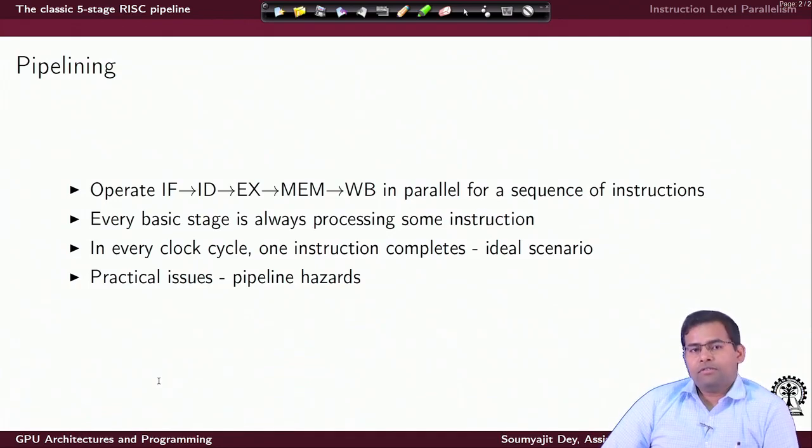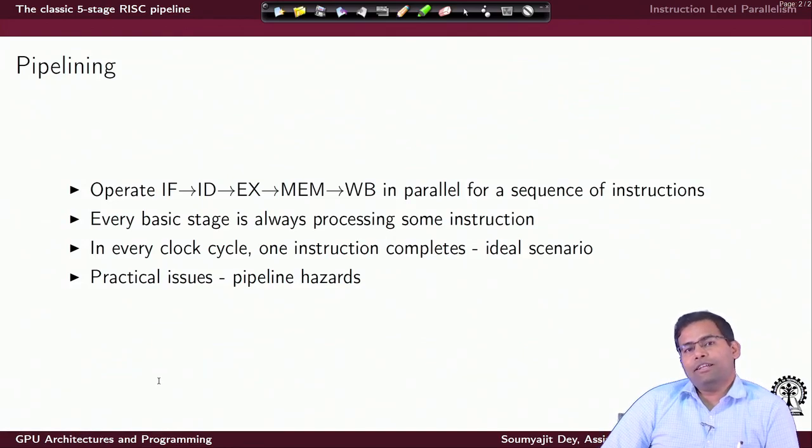Since I can keep each of these stages always active, I can keep on filling instructions at the front of the pipeline, and I can see instructions getting completed at the end of the pipeline, one in every clock cycle. So, overall, using this idea of pipelining, starting from multi-cycle execution of instructions, the pipeline is able to complete one instruction per clock cycle.